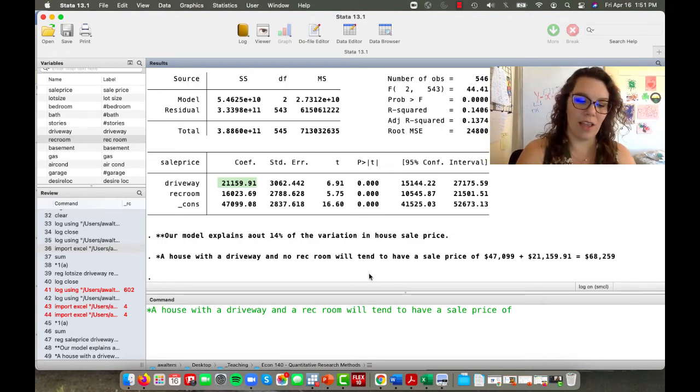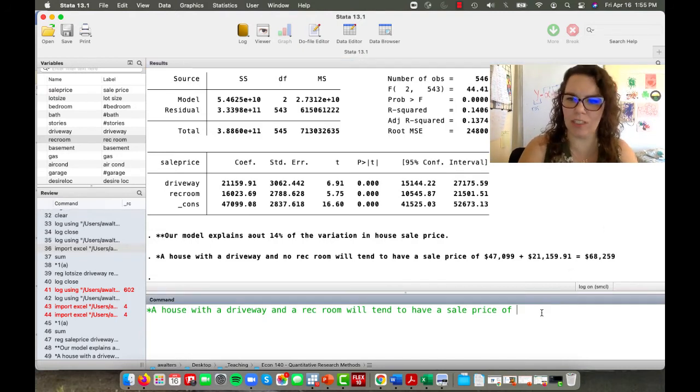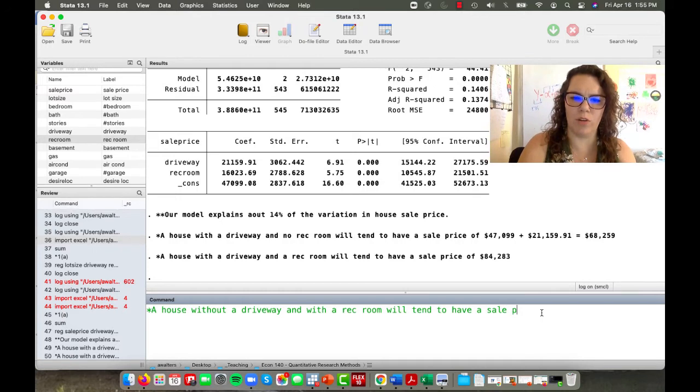So a house with a driveway and a rec room is going to have a sale price of about $84,282.68. We're just going to round that up to $84,283. A house without a driveway and with a rec room will tend to have a sale price of, and that's going to be just the rec room coefficient, $16,023, and the constant.